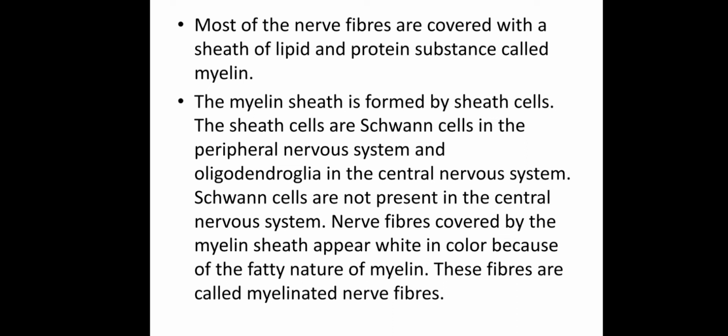The myelin sheath is formed by sheath cells. The sheath cells are Schwann cells in the peripheral nervous system and oligodendroglia in the central nervous system.